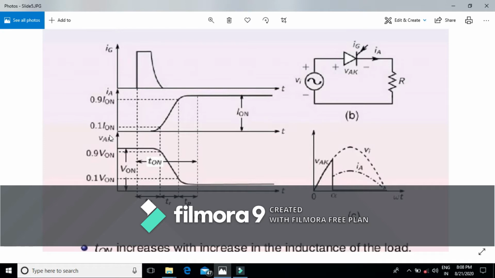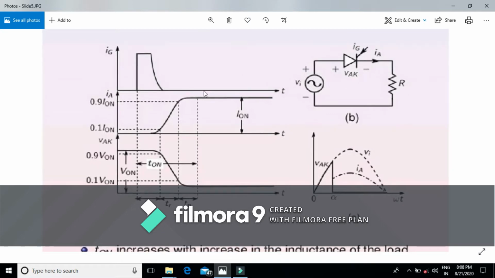During on state, the current will be some finite high value and the voltage will be very low.